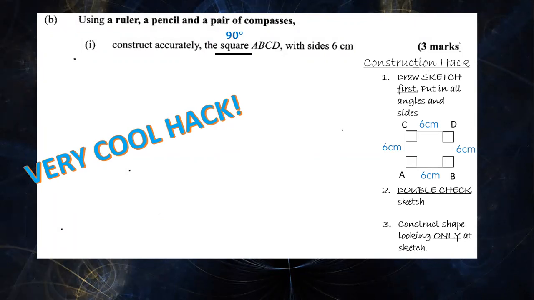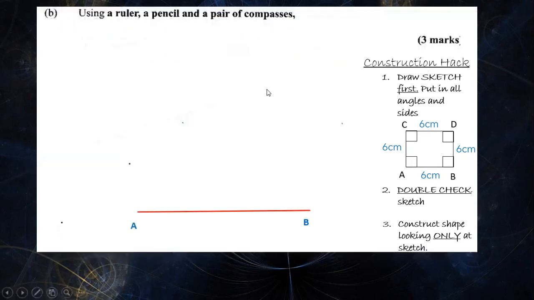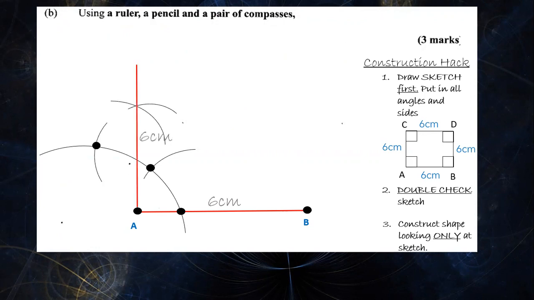Only when you are exceptionally sure, when you are 100% sure, then you can start constructing from your sketch and ignore the question. Okay? But of course, when you're finished with your construction, it's advisable that you check the question again to make sure your accurate drawing is what the question requires.